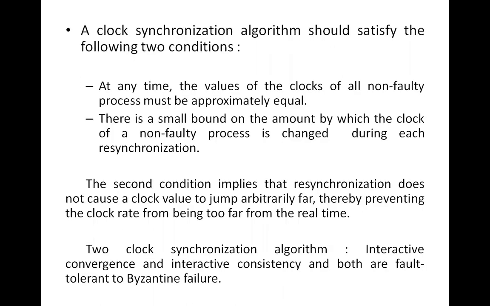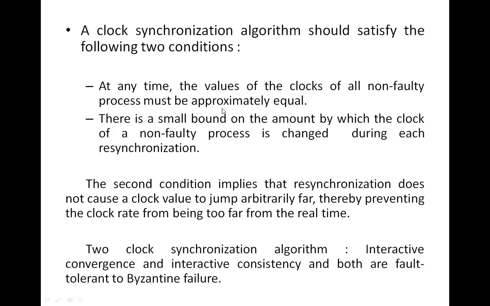Now, whatever clock synchronization algorithm is made for synchronizing the clocks of all the processes available in the distributed system must satisfy two conditions. The first condition is that at any time the values of the clocks of all non-faulty processes must be approximately equal.